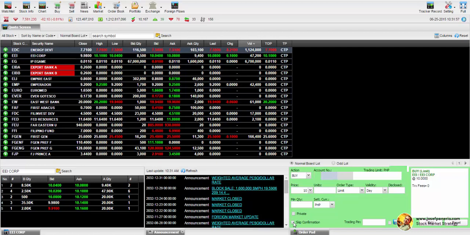Once you check this skip confirmation, all unnecessary confirmations that would be posted on your end will be disregarded. Just input your trading pin, check this one, enable it, then click the transaction that you want.